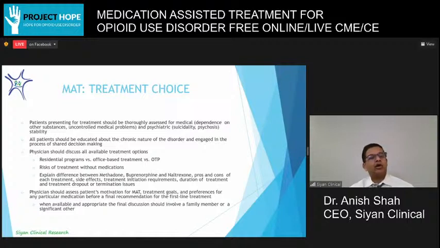And providers should also explain the differences between methadone, buprenorphine, and naltrexone, and discuss various pros and cons, side effects, treatment initiation requirements, duration of treatment, treatment dropout, and termination-related issues, because that will also help make an informed decision.